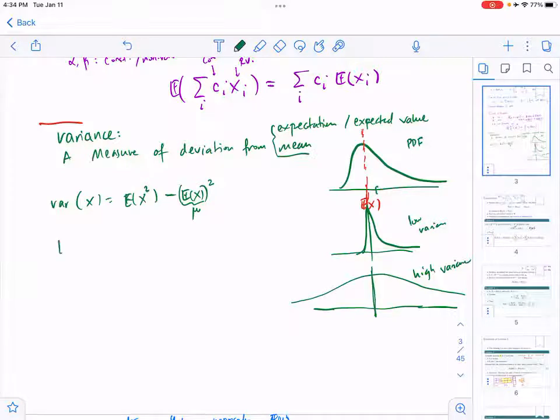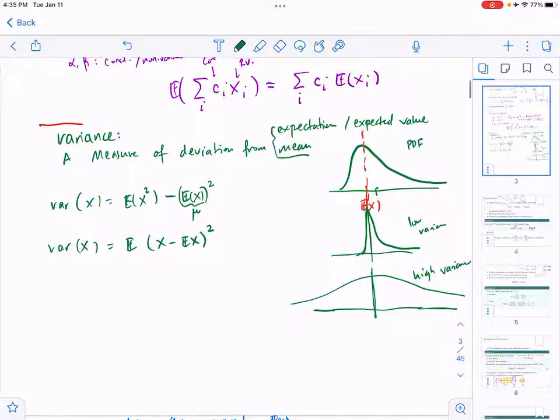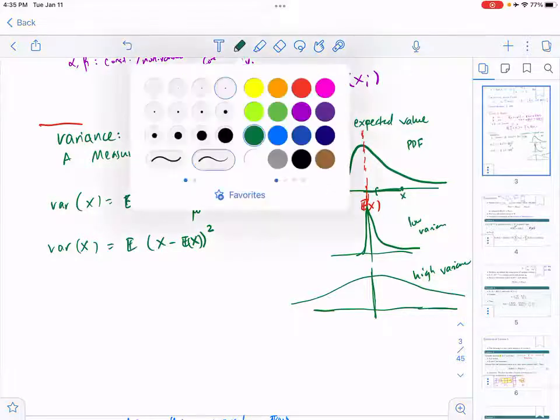So variance is the expectation of this deviation squared. You take x minus the expectation of x. For every value, if x is here, the distance to the mean is the deviation, right?